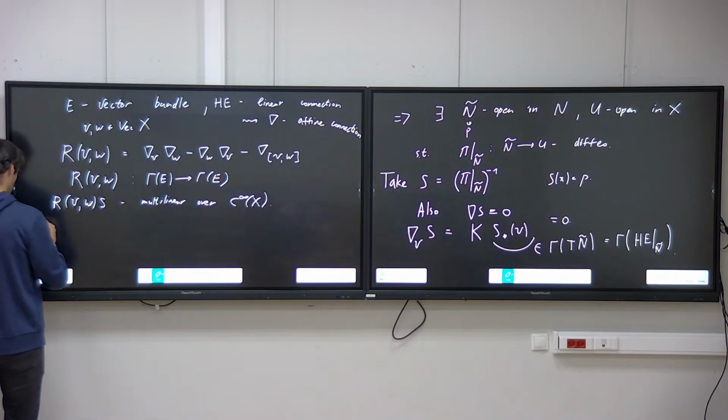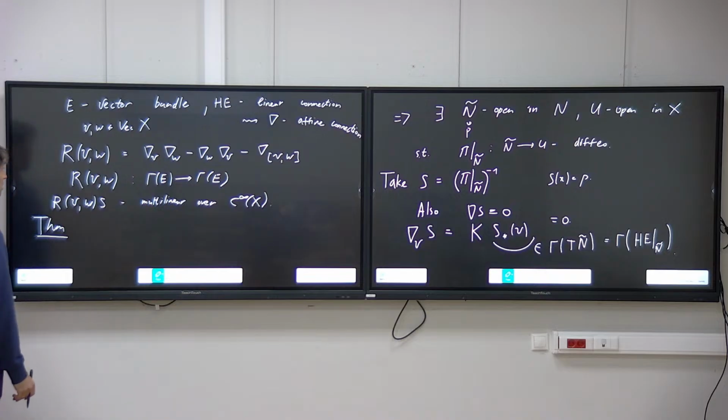And let us just relate this with the curvature that we had for the Ehresmann connection.